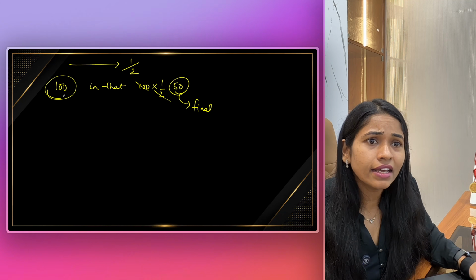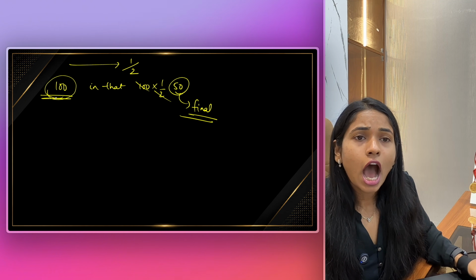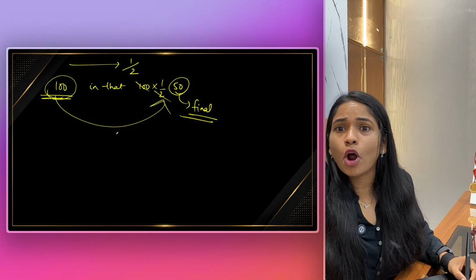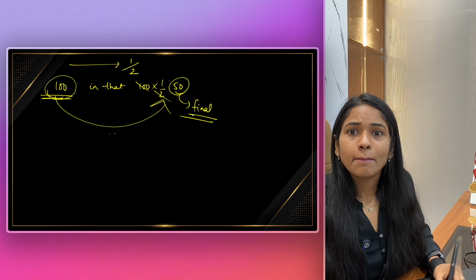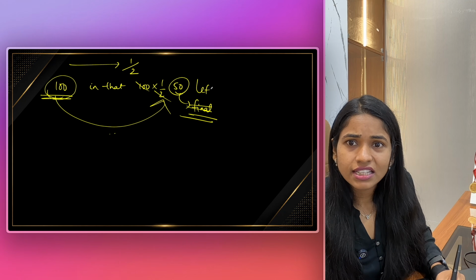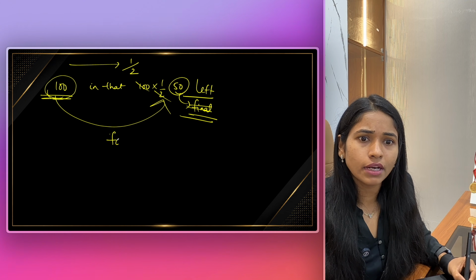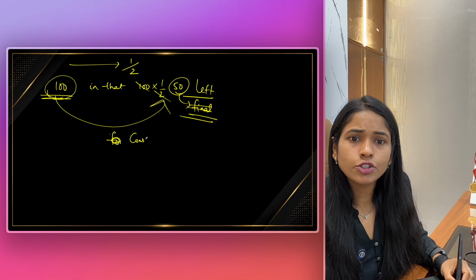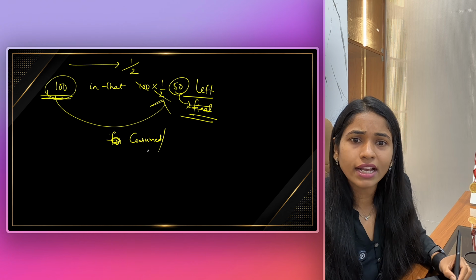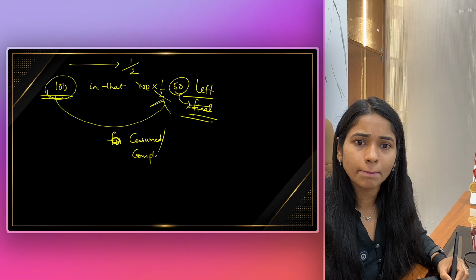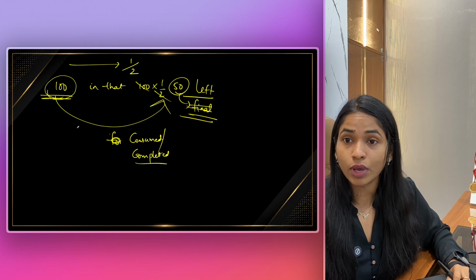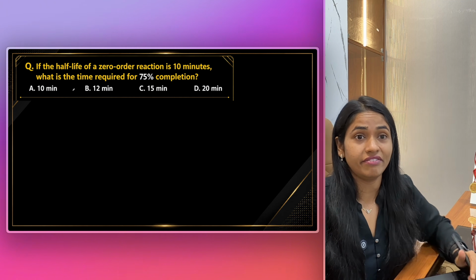Initial is 100, final is 50. How much is consumed? Reactants convert to product. Product is 50, this is left, this is formed. The reaction is completed, consumed, or better, completed. This much is completed. For better understanding, we will solve questions, then you can understand very well.